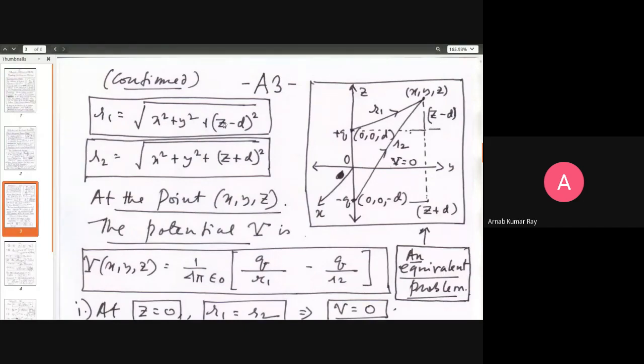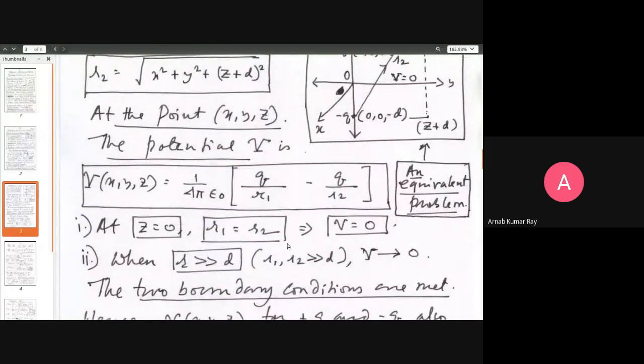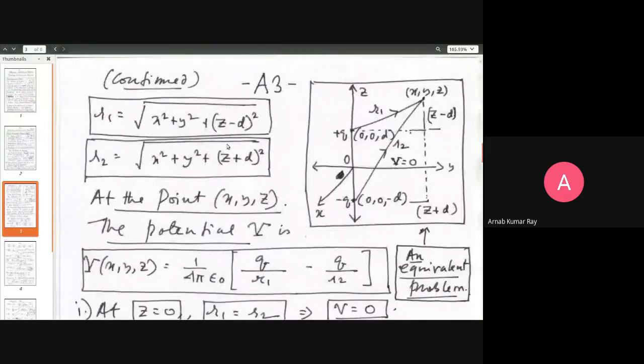As you're going to a very great height, Z is increasing. So Z minus D, as Z increases, D becomes very small. Similarly, Z plus D, again, D becomes very small comparably. So when you have these two values of Z becoming very, very much greater than D, then progressively these two things, R1 and R2, will become equal to each other.